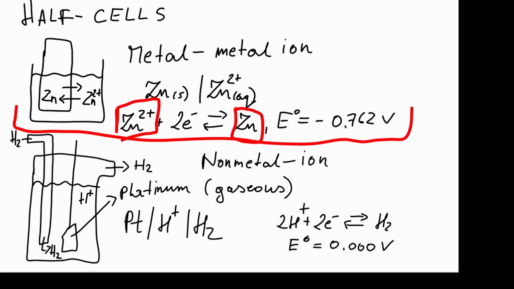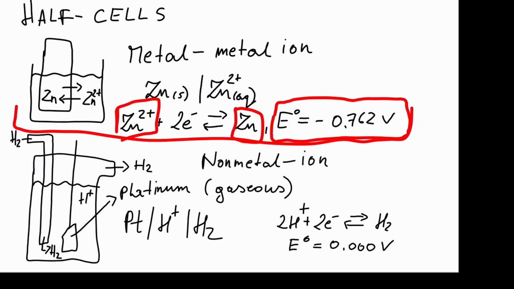And the standard potential, which appears in the Galvanic series, the standard potential of this particular type of half cell is equal to minus 0.762 volts.